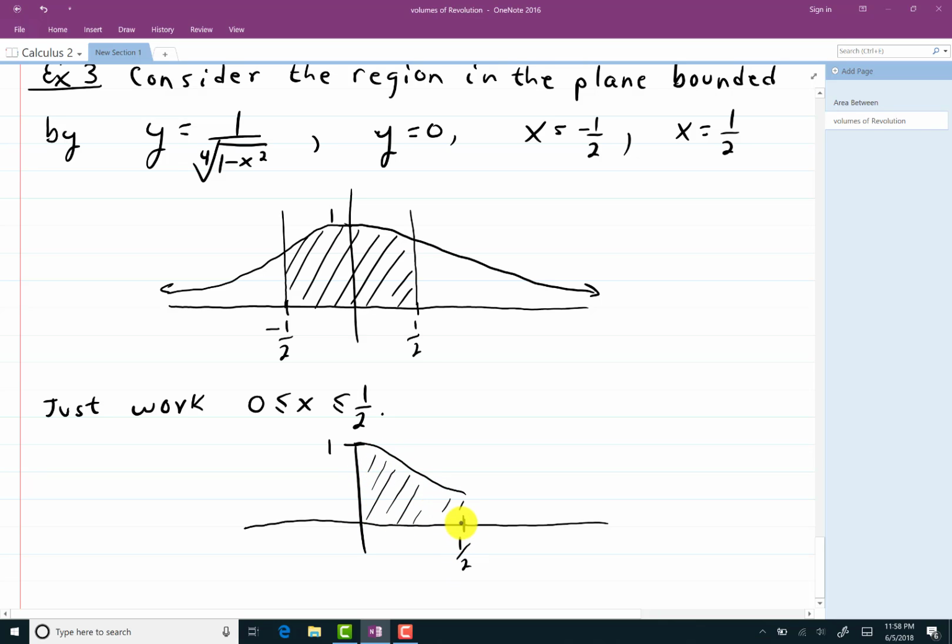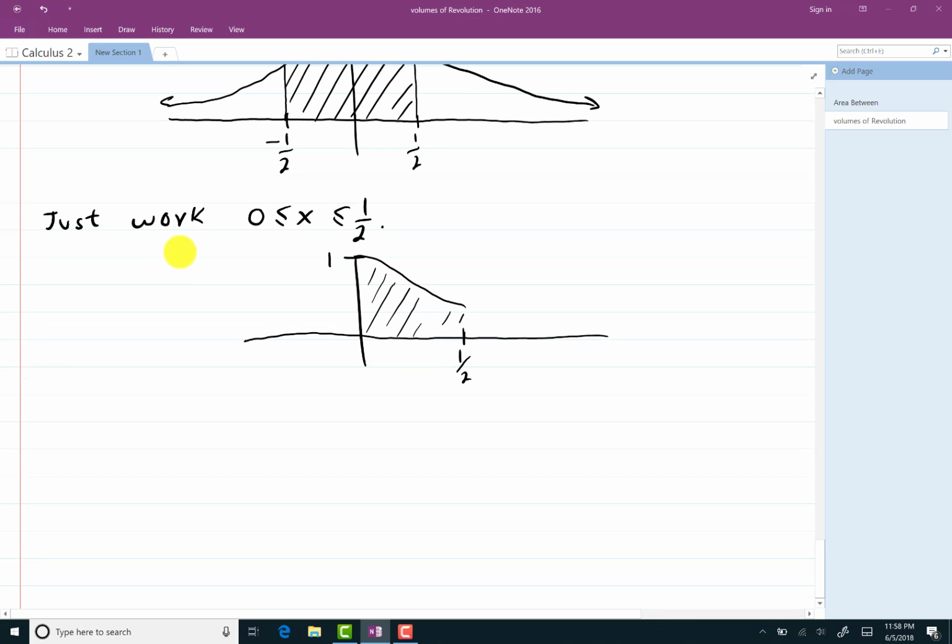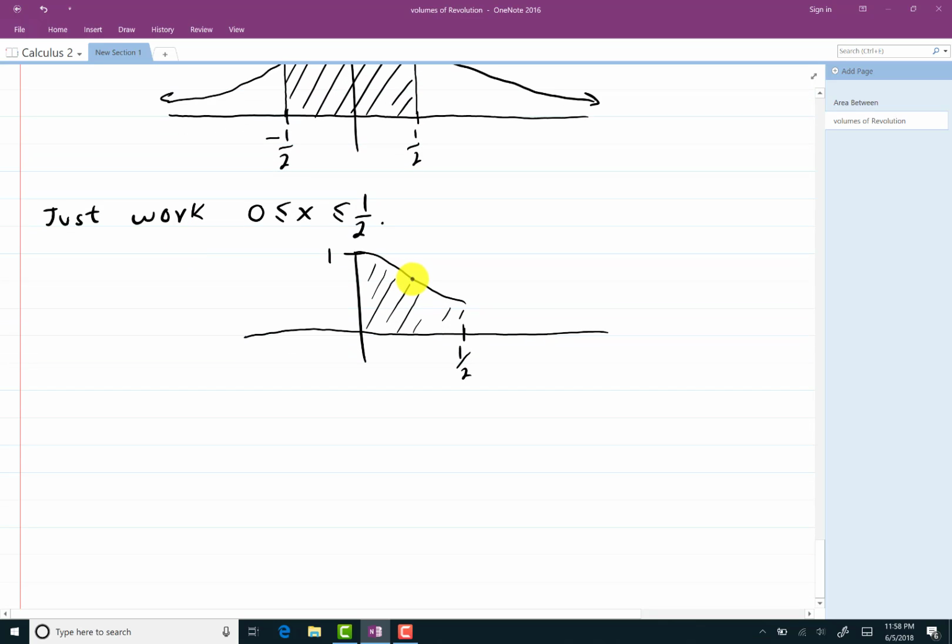And as before, I'm not really going to concern myself with a bunch of rectangles. I'm going to concern myself with just one rectangle. And as usual, this rectangle will be at x. Remember, we're going to revolve this around the x-axis.